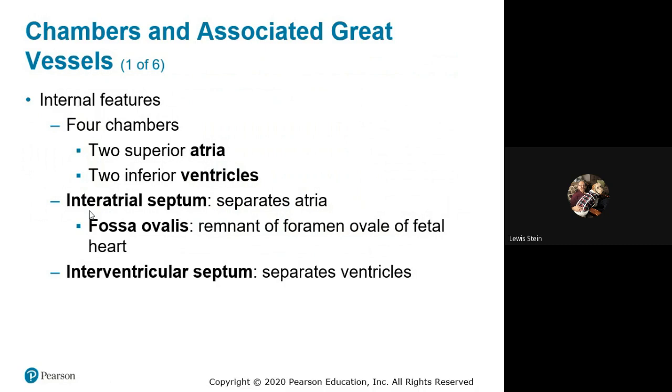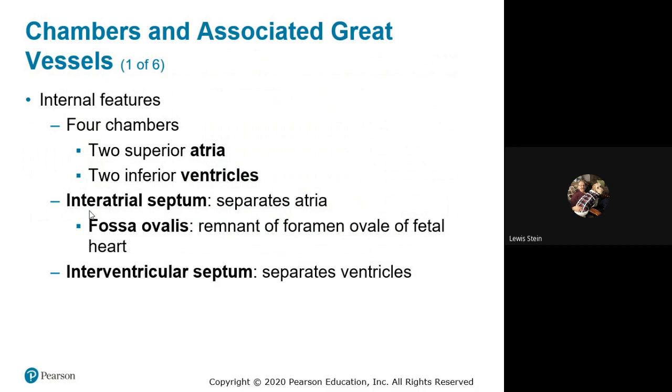These dividers are called septa. Septa between the atria, septa between the ventricles, septa between the atria and ventricles. In those septa, those natural dividers, are the coronary arteries.